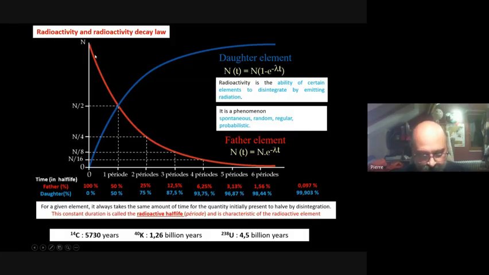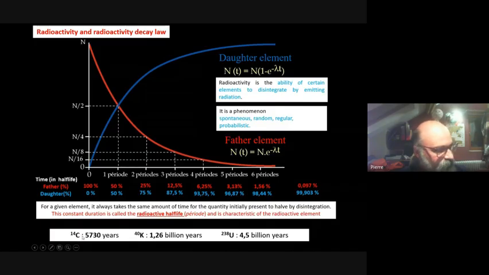The kinetic process is the same for all elements, but the time elapsed between 100% of father element to 50% of another element depends on the element, and it is the radioactive half-life.